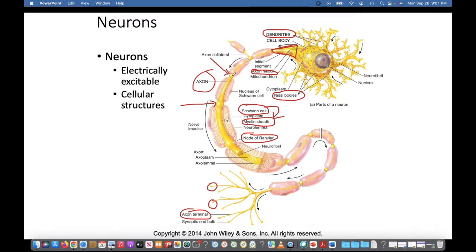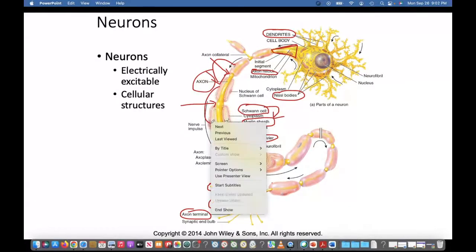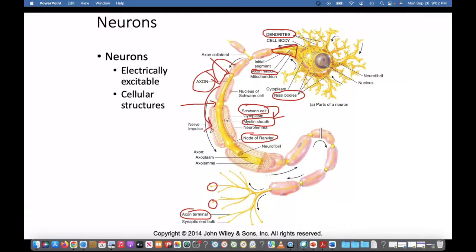The nodes of Ranvier are that small little unmyelinated section of the axon, and nerve impulses actually leap from Schwann cell to Schwann cell. It leaps, which is involved in speeding up the action potential. They call that saltatory conduction, and saltatory, in Latin, saltare, means to leap or to jump. Saltatory conduction.